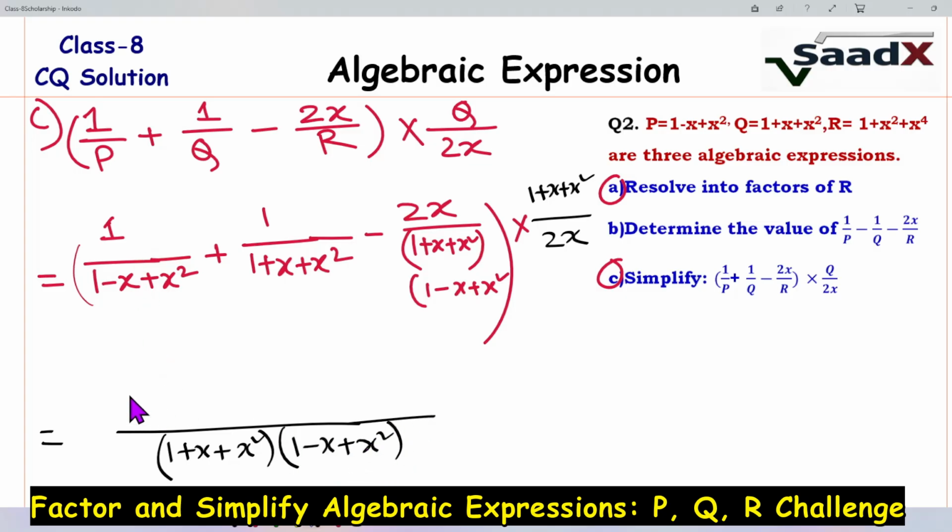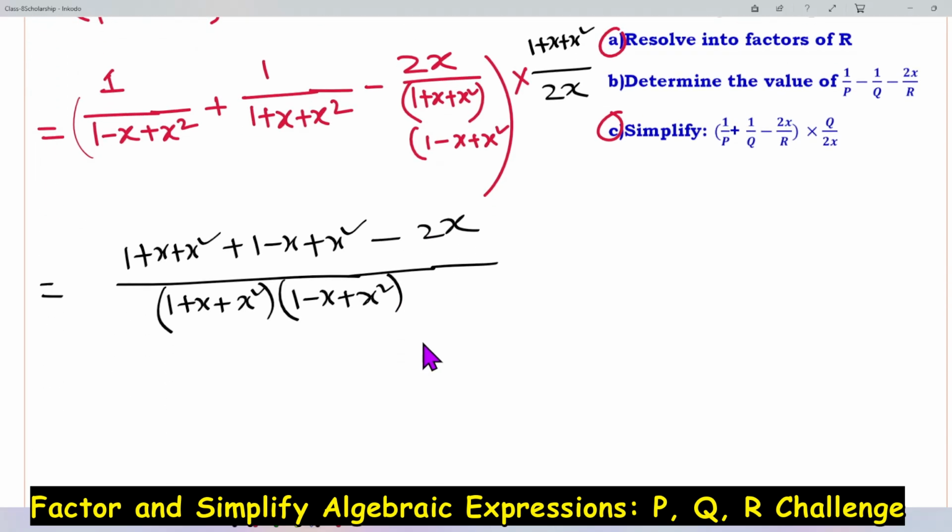So here is what? 1 plus x square. Here is plus 1 minus x plus x square, and here is minus 2x, right? Now, and here is times 1 plus x square 2x.